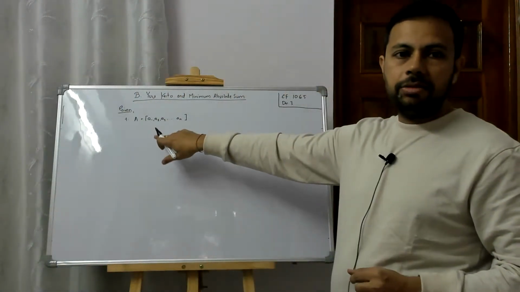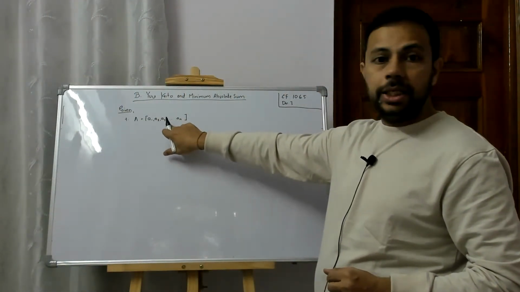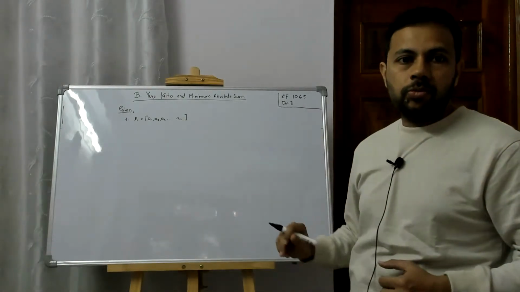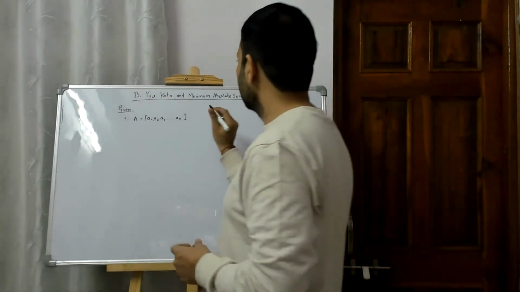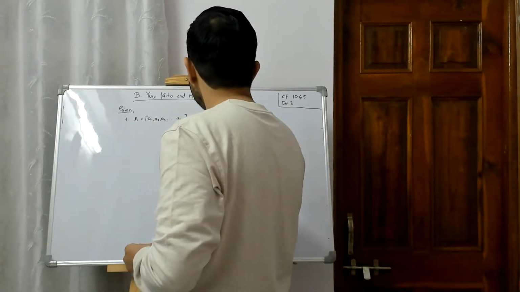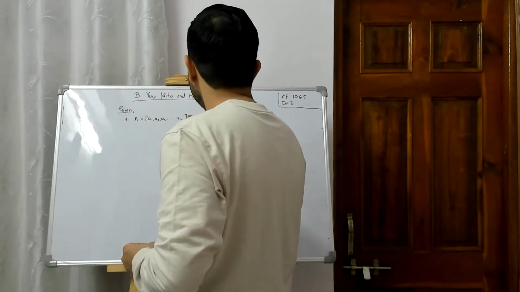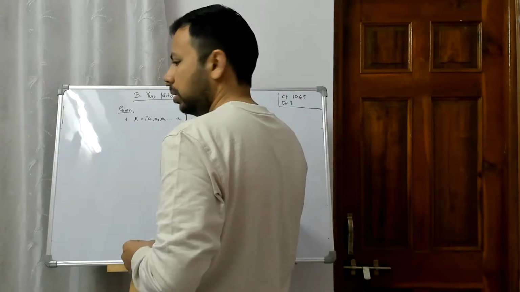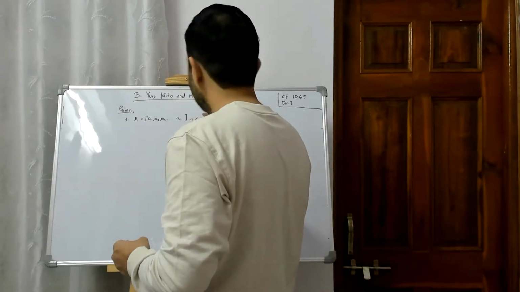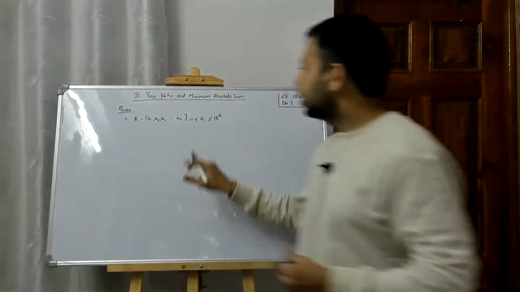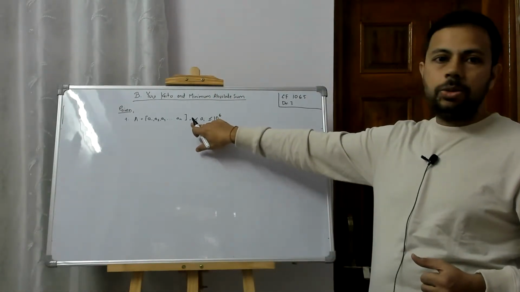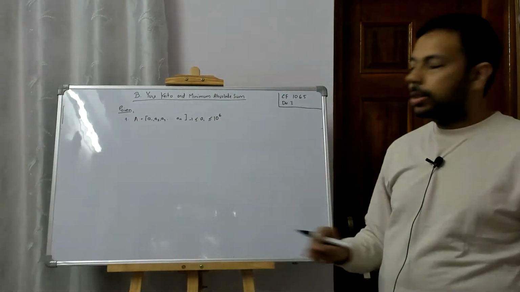Now the thing about this array is Ai is between -1 and 10 to the power 6. You know that Ai is between -1 and 10 to the power 6.